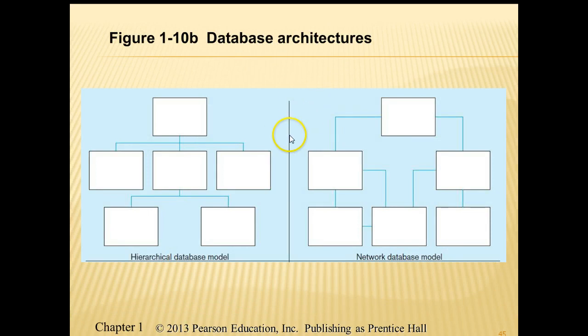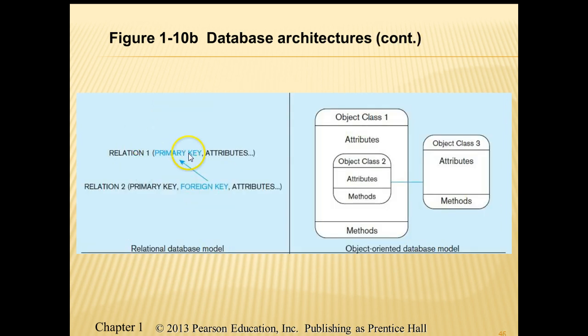So real quick, I wanted to go through some of these database architectures. This has a hierarchical database model and a network database model, but more importantly, this is the relational database model, and this is what we're going to be using to put together our database through this class. And you'll notice that there is a primary key that identifies each attribute in that table.